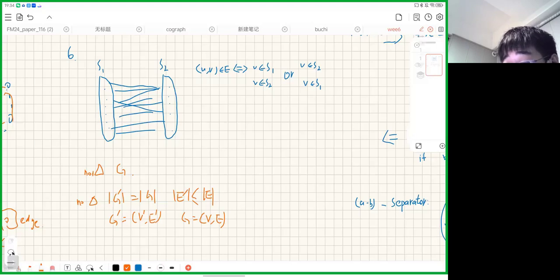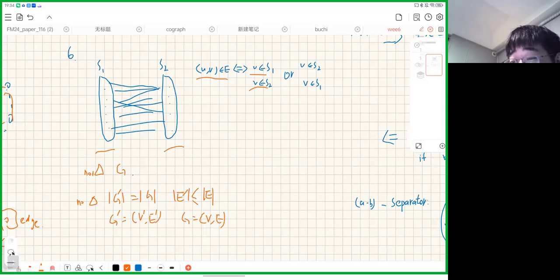The first claim is that the vertices in G can be separated into two sets, S1 and S2, so that there is no edge inside S1 or inside S2, and for any pair U, V in different sets, there is an edge connecting them. Why is this true?